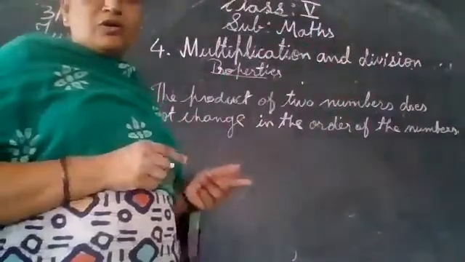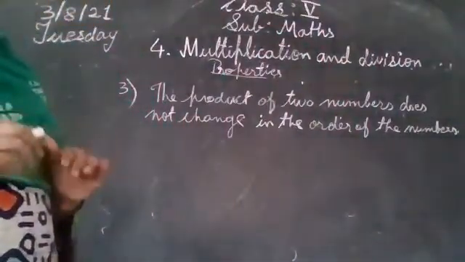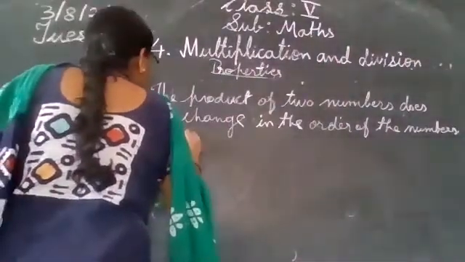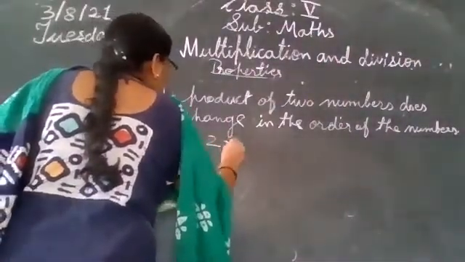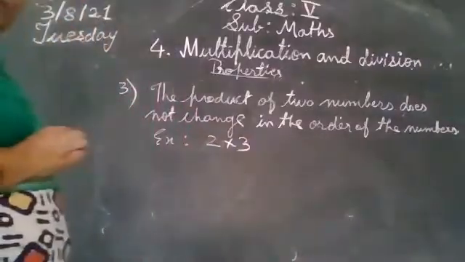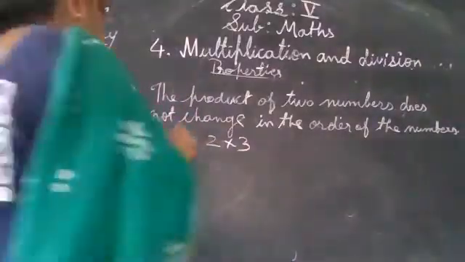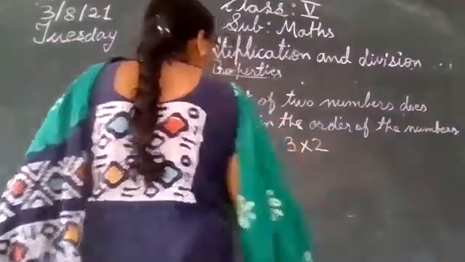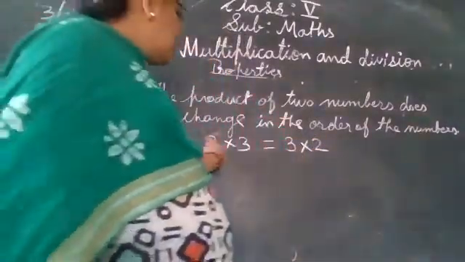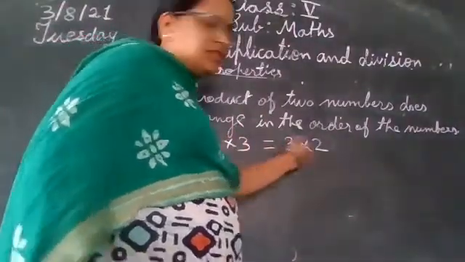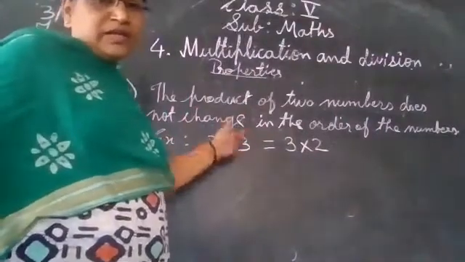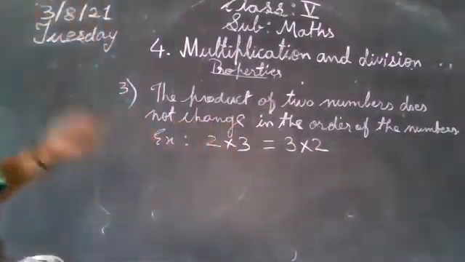Means what, beta? While multiplying, if you change the order of the numbers, the answer remains the same. For example, see, 2 multiplied by 3 is what? 2 3s are 6, is equal to 3 multiplied by 2. 3 2s are 6. Means if you change the order of the numbers, the answer remains the same.